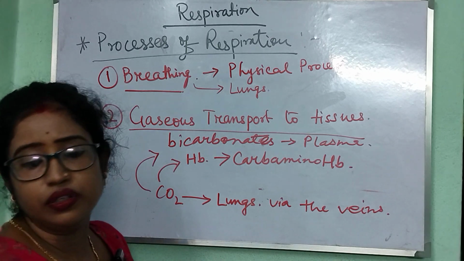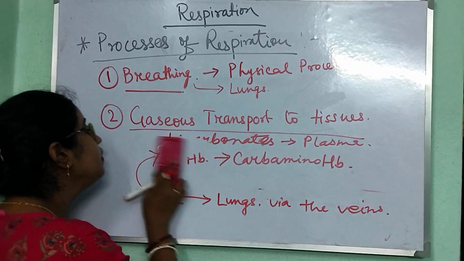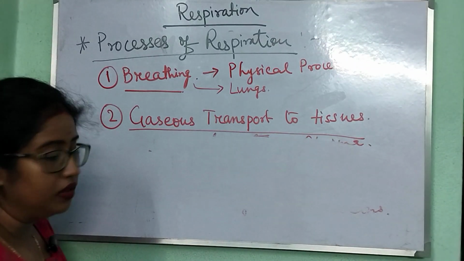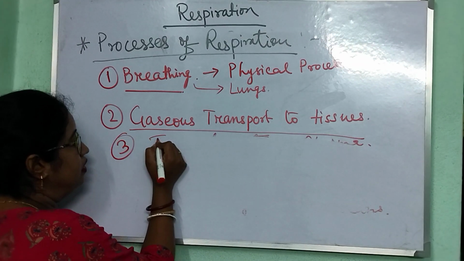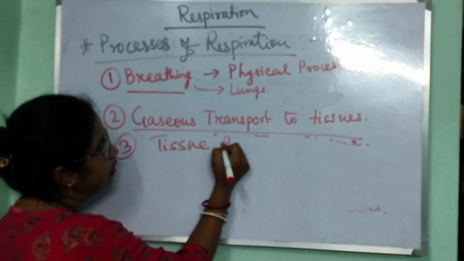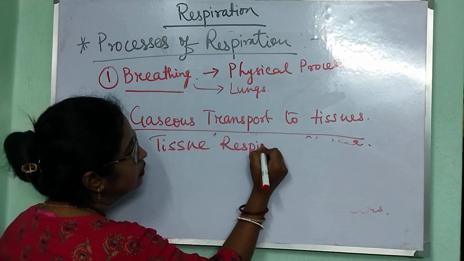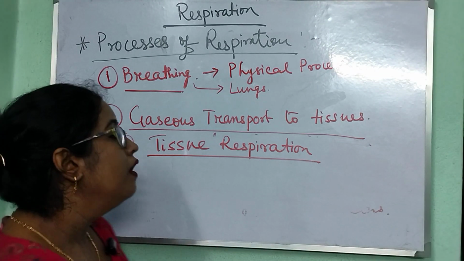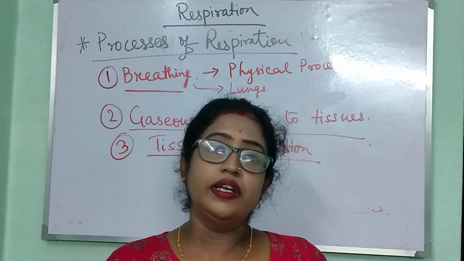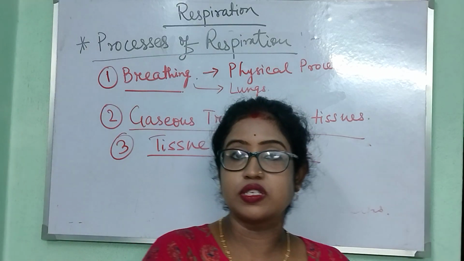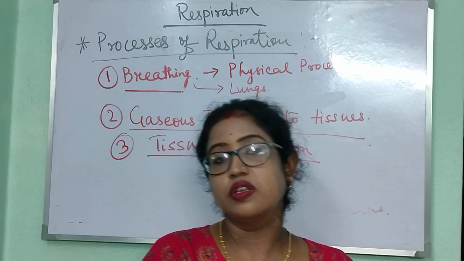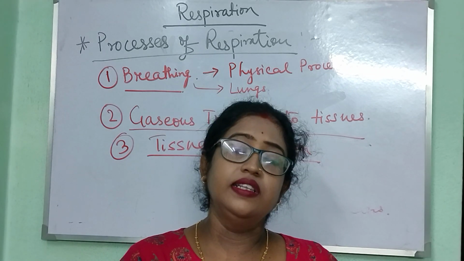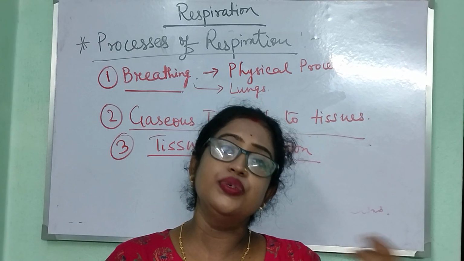The third process is tissue respiration. Tissue respiration means when the artery transports oxygen to the tissues, the arteries branch into capillaries, and these capillaries deliver oxygen to the tissues.